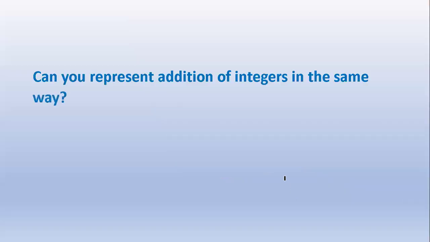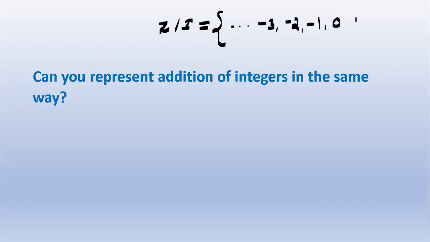Similarly, can you represent multiplication of integers in the same way? Integers are represented as Z or I. This is capital Z, the set of all integers: -3, -2, -1, 0, 1, 2, 3, and so on.